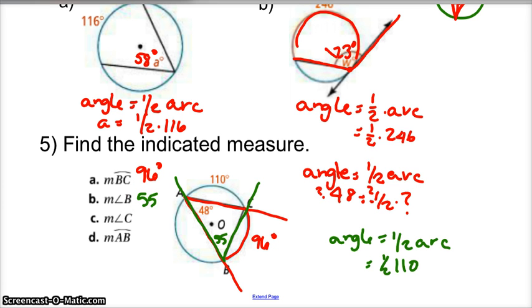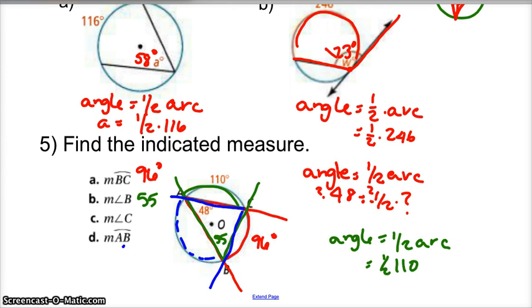The next one is asking for the measure of angle C. Well, angle C extends this way. If you notice, it's intercepting this arc, which is AB, which is what it's asking for in part D. In a circle, there are 360 degrees around the entire thing. We know that this green arc up here is 110. We know that this red arc is 96.